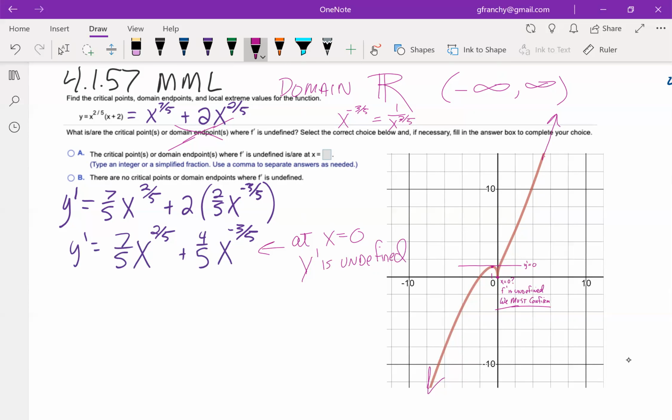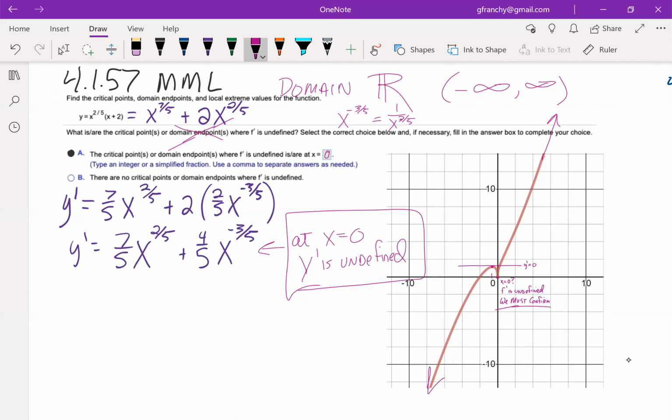So that's what it looked like on the graph, but now we've gone ahead and confirmed that. So in terms of what the question is asking here, we would go ahead and fill that in at x is equal to 0.